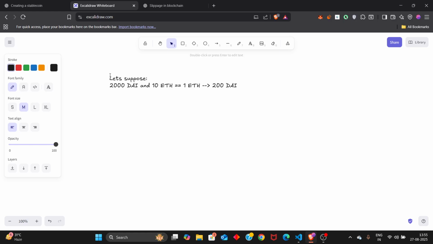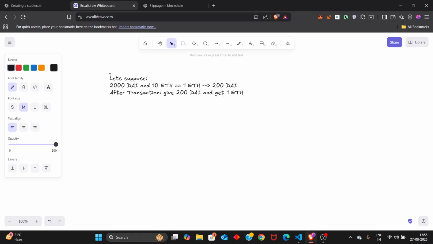Okay, so let me show you what happens after I do the transaction. This is the expected price. I will get this. After the transaction: I am giving the system 2000 DAI and getting 1 ETH.